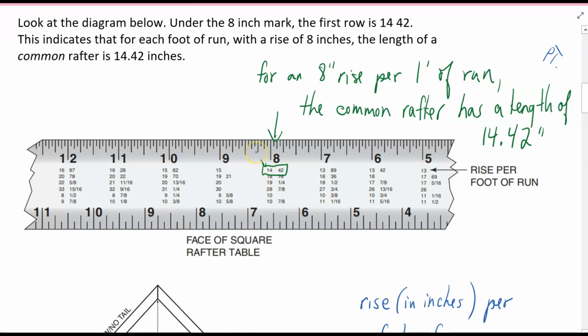That's what that number is referring to. The length of the common rafter for an 8-inch rise over a 1 foot run.